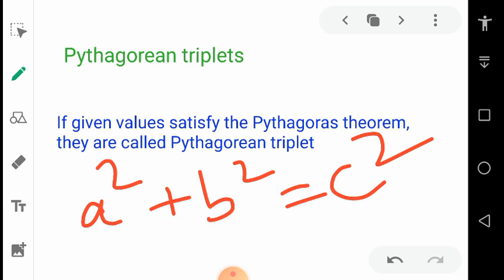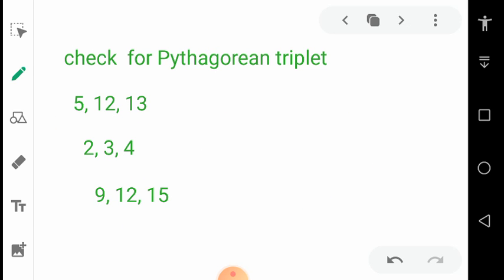Here triplet means a set of three values. Check for Pythagorean triplet. If we want to check for these triplets, this is the first triplet, this is the second, this is the third. So how will we check?